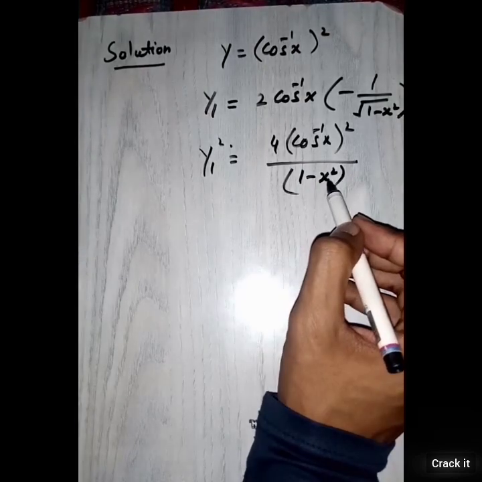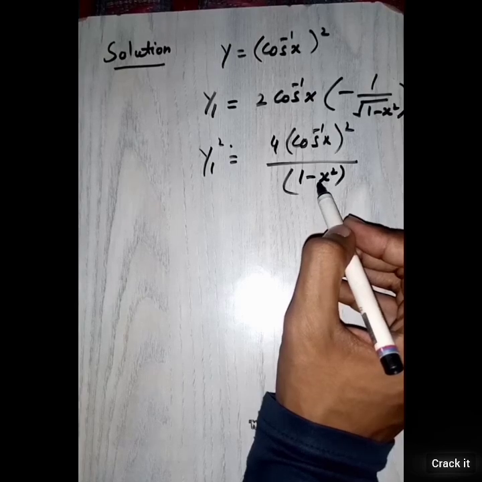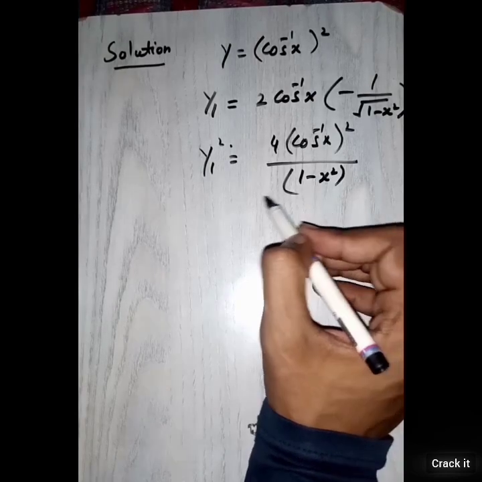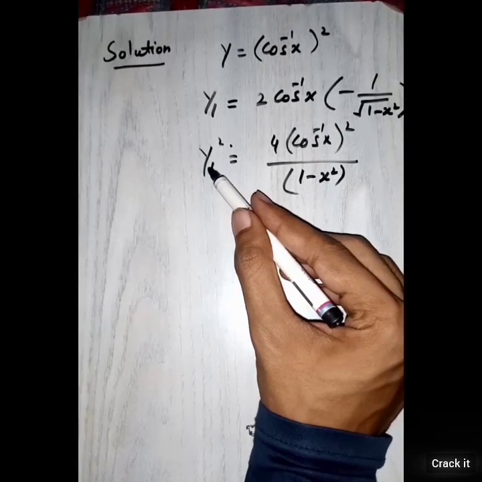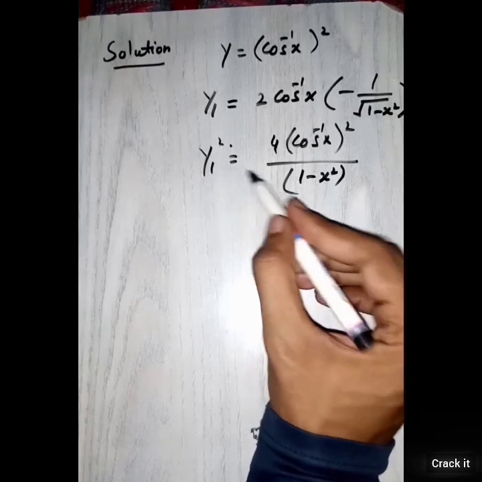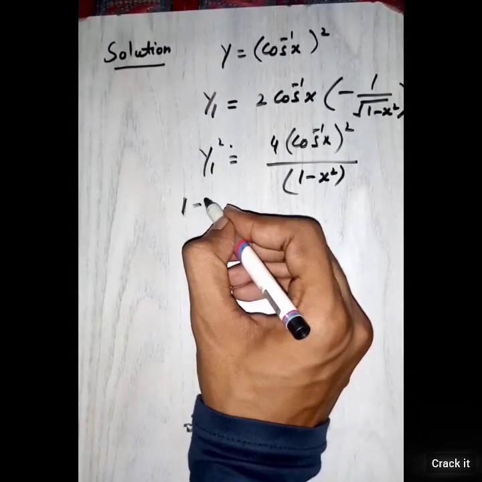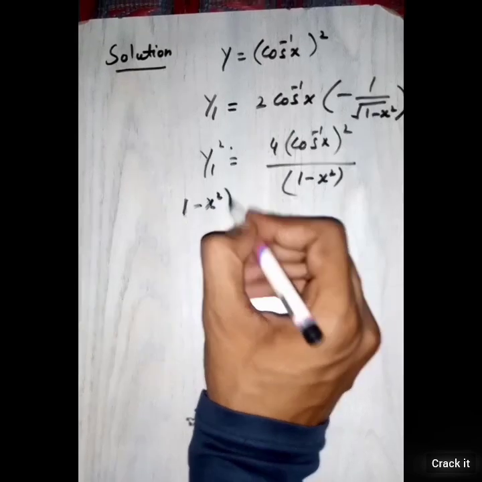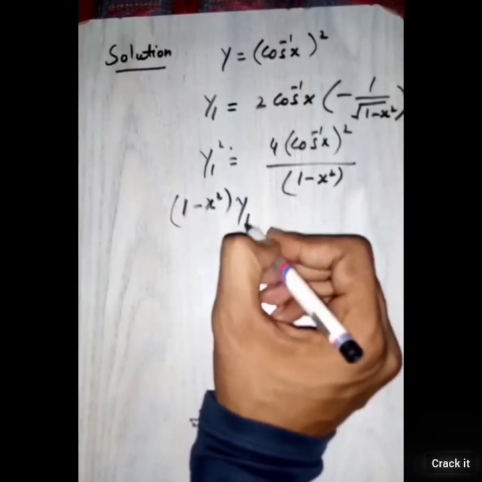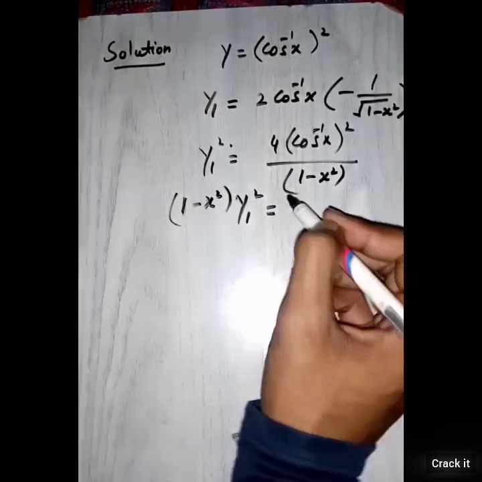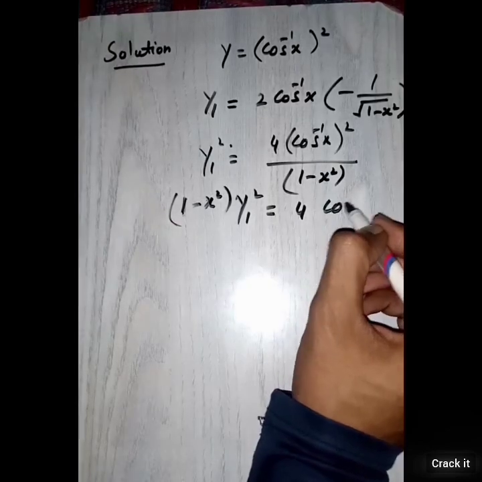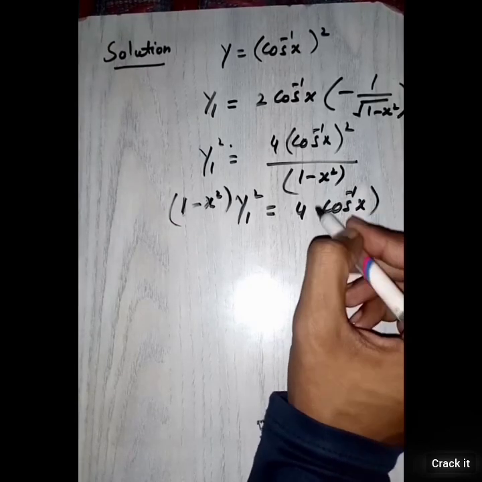As this 1 minus x square is in the denominator here, when we take this on the other side of the equality, it gets multiplied with this y1 square. So it will become 1 minus x square into y1 square equals 4 cos inverse x to the whole square.